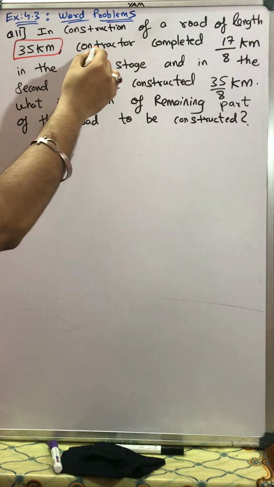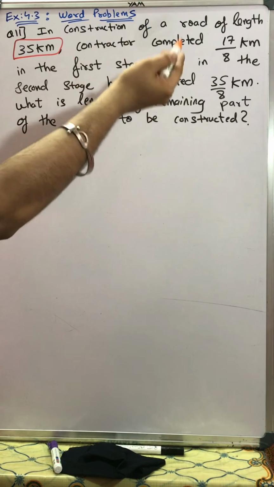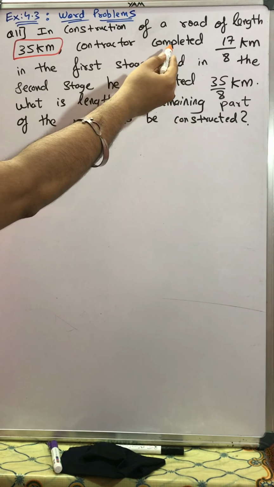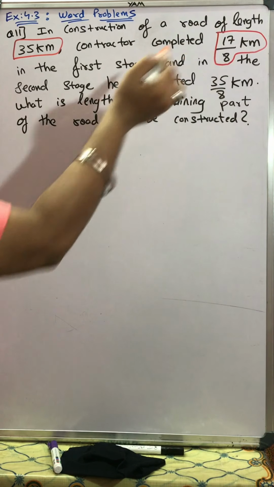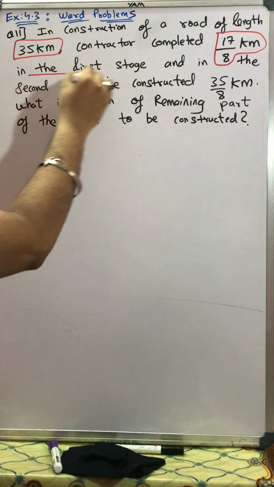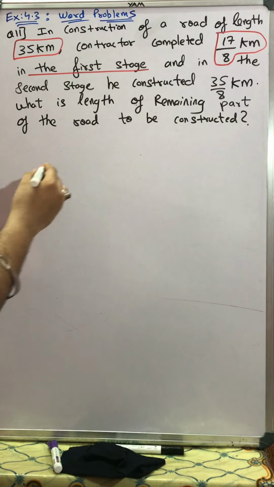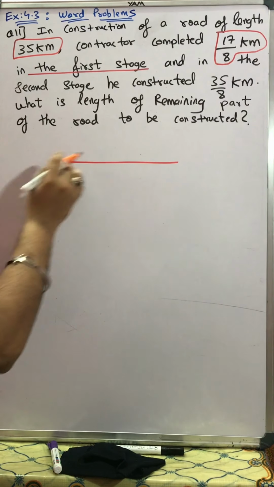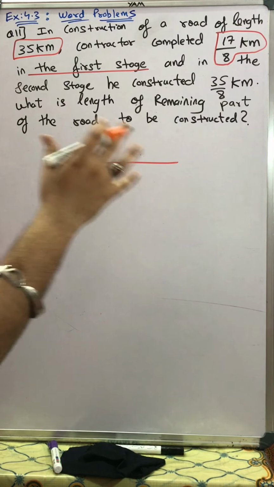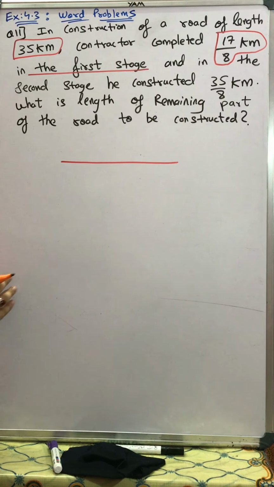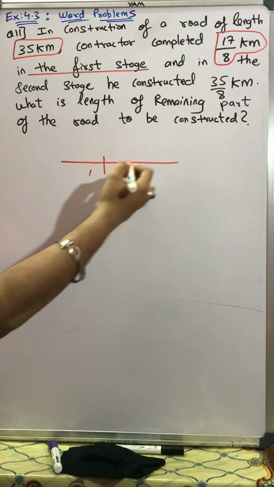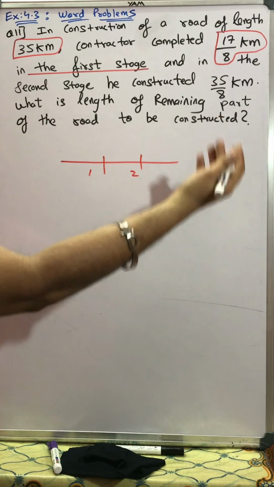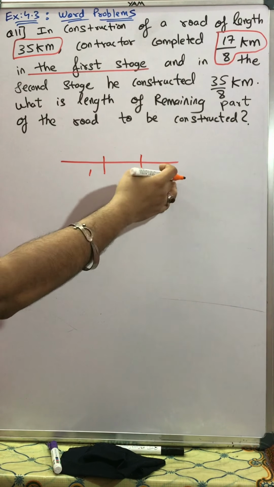Contractor, the person who is constructing the road, completed 17 upon 8 kilometers in the first stage. As we all know, if we have to construct a long road, we don't construct the whole road in one single shot. There are stages. First stage, then we have second stage, and then third stage sometimes, and then we reach completion.